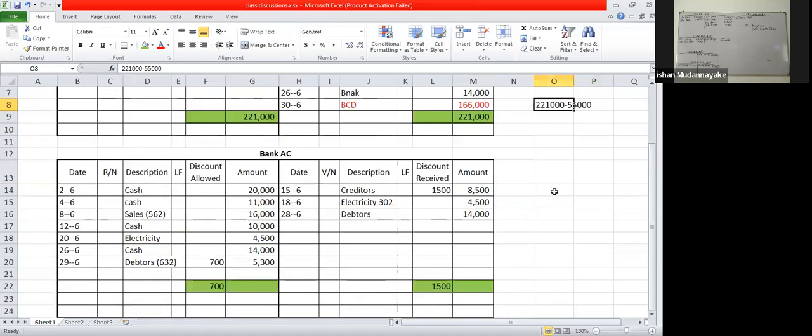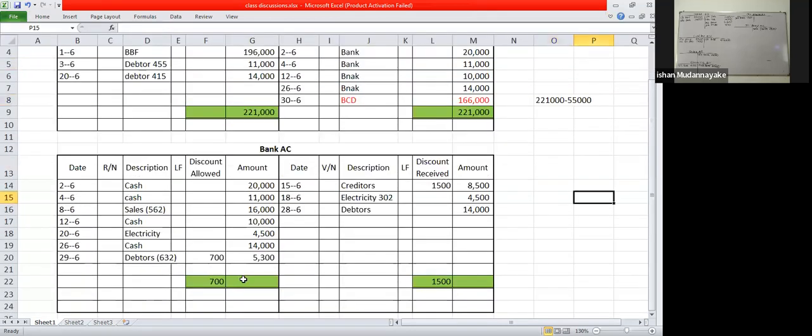And then quickly balance the bank account. Bank account debit side total amount, how much? 80,800. And then transfer that amount to the credit side, 80,800. And then 80,800 minus these balances, total bank account payments 27,000.